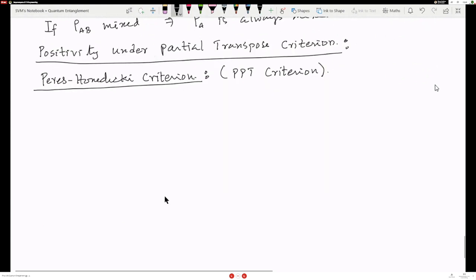Now, let's say that we have a rho. First we have to define this operation called partial transpose.